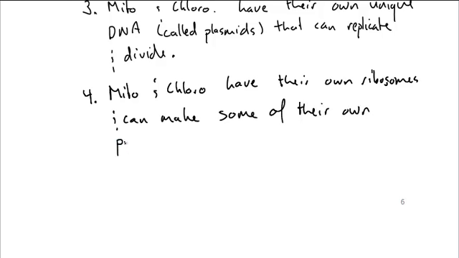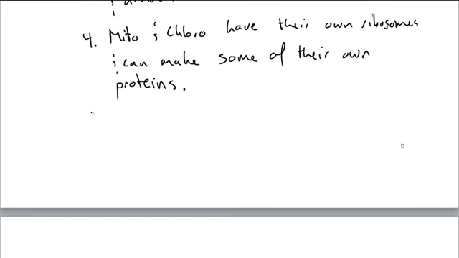We think this is a leftover from when they were an independent bacteria. Nowadays, most of their proteins are made the traditional way, DNA from the nucleus turning into mRNA, protein being made in the cytosol and directed through the ER to the actual organelles, mitochondria and chloroplasts. But they do have some that are made entirely within the mitochondria or the chloroplast.